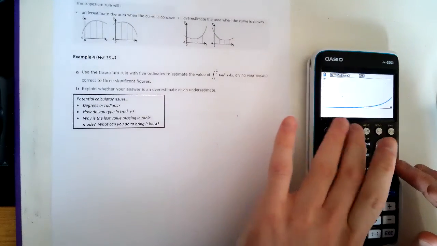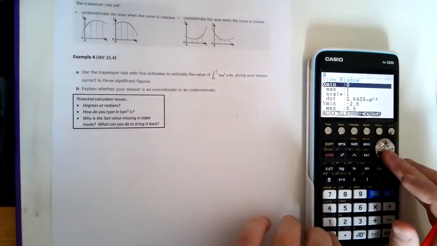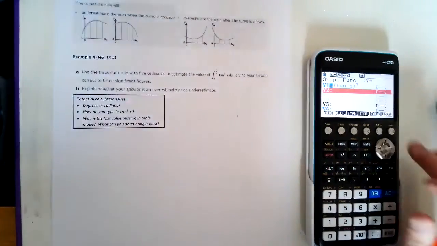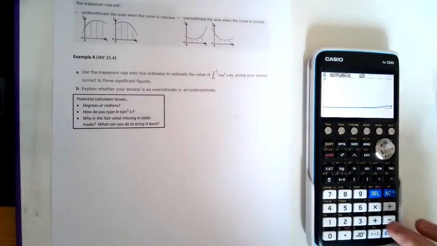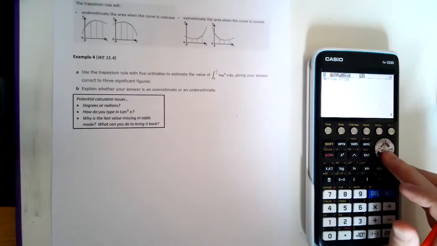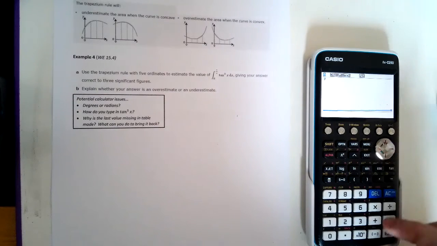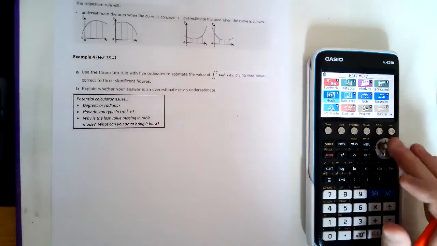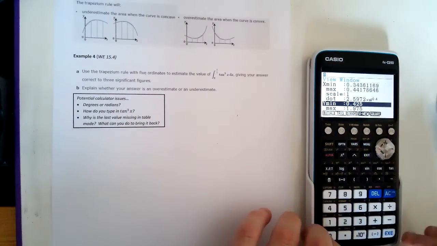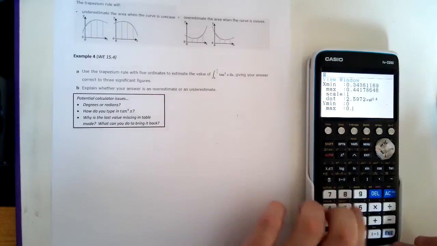And we're going to change my V window. That just means my scale between 0 and pi over 4. So there we go. Zoom in a little bit. Change V window a little bit as well, just to make it go between 0 and 0.5.